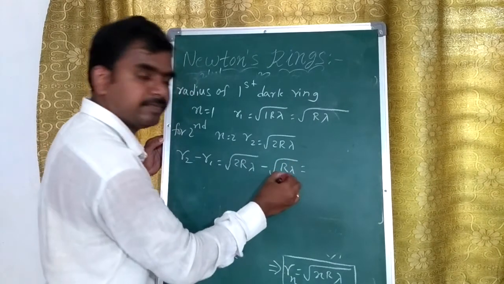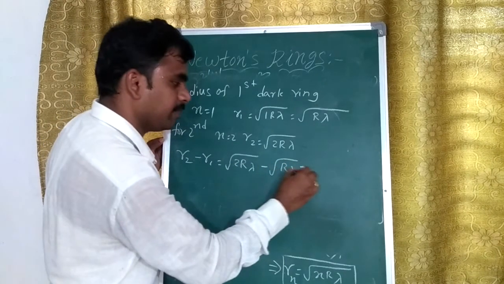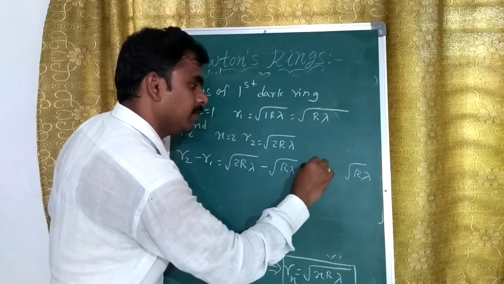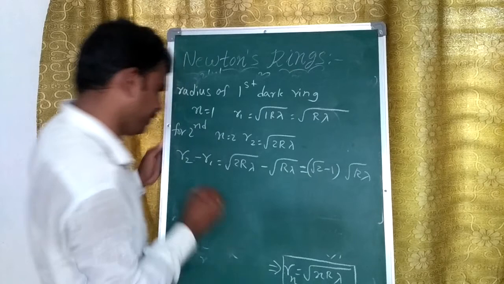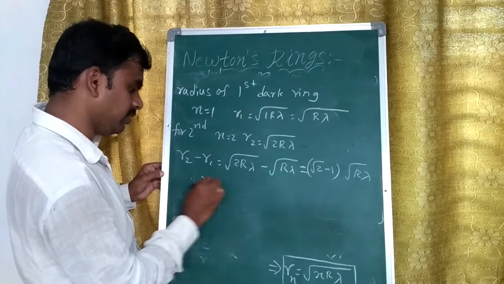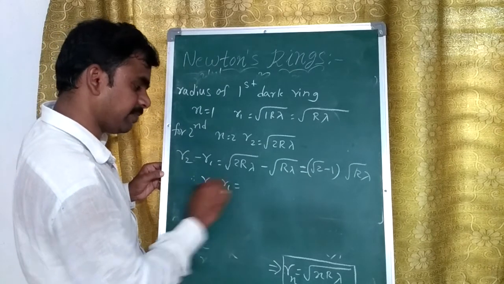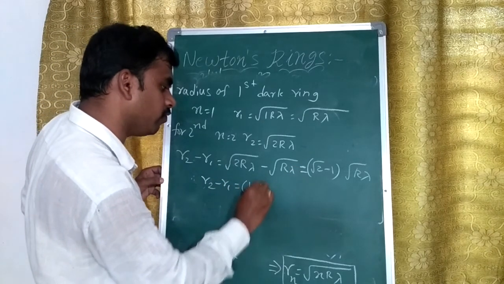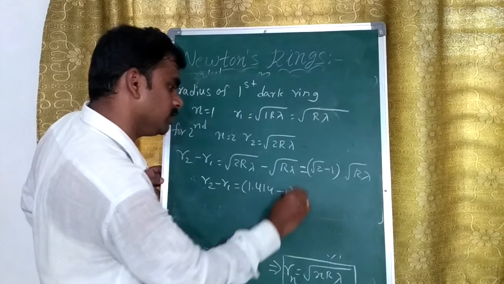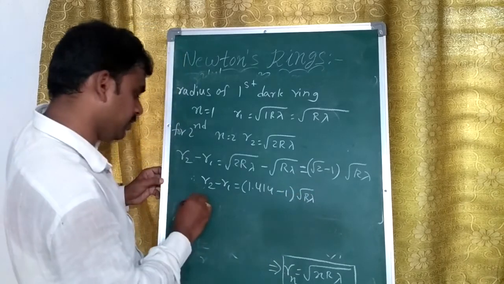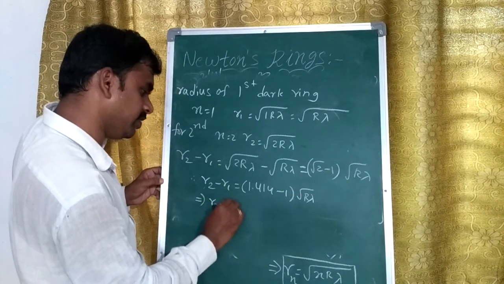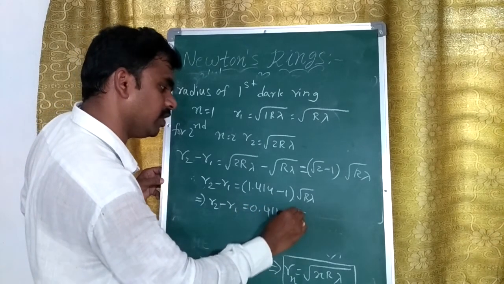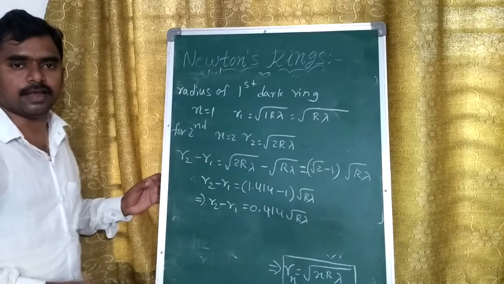Taking the square root of R lambda as common, we get root 2 minus 1. Therefore the separation equals 1.414 minus 1 times the square root of R lambda. That implies r2 minus r1 equals 0.414 square root of R lambda.